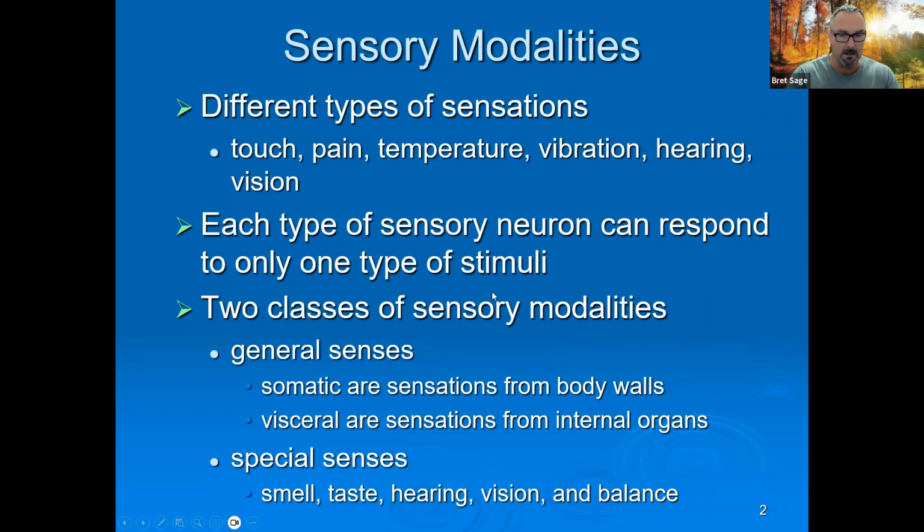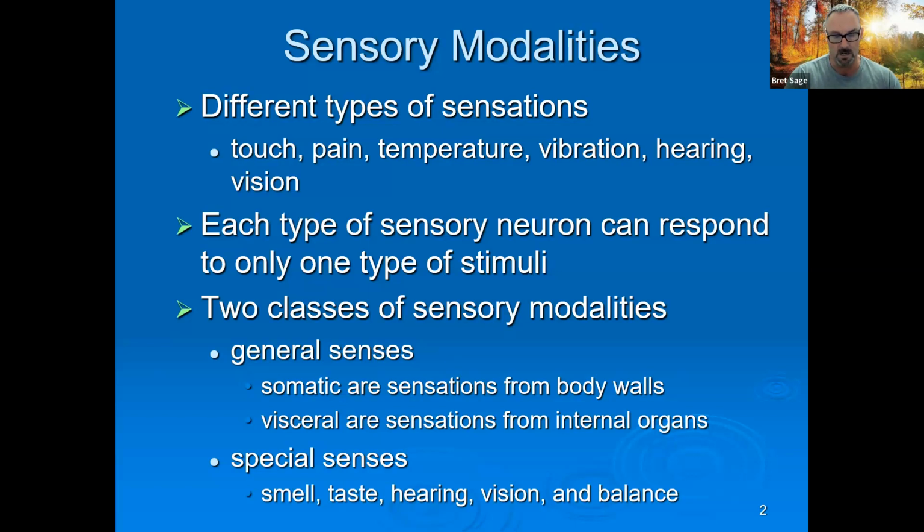Okay, there's two classes of sensory modalities. The first is called general senses. When we say general senses, we mean the senses that are not localized to the head. So general senses mean throughout your full body. Special senses mean those found only in your head. So somatic general senses are sensations from the body walls. That is basically your superficial body.